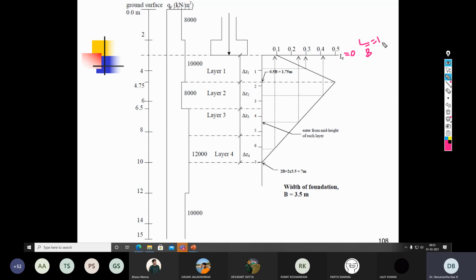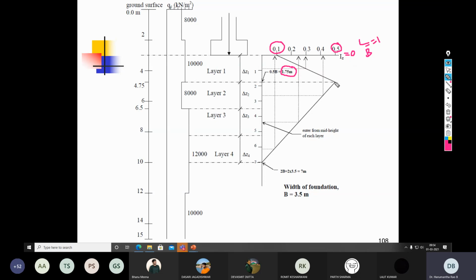For L by B equal to 1, the strain influence diagram starts with 0.1 at the foundation level and increases to a maximum value of 0.5 at a depth of B by 2, that is 1.75 meter.